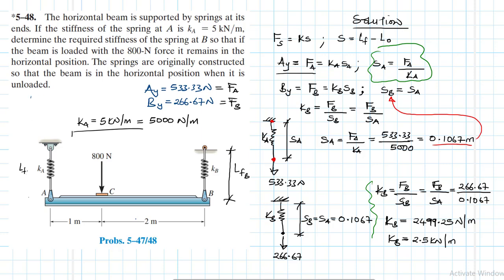Our KB, the stiffness in spring B, is equal to 2.5 kilonewtons per meter. Right, I guess we are done.